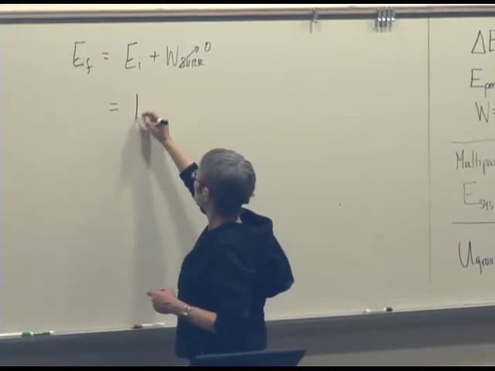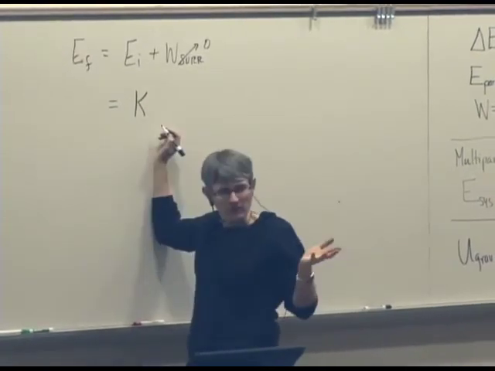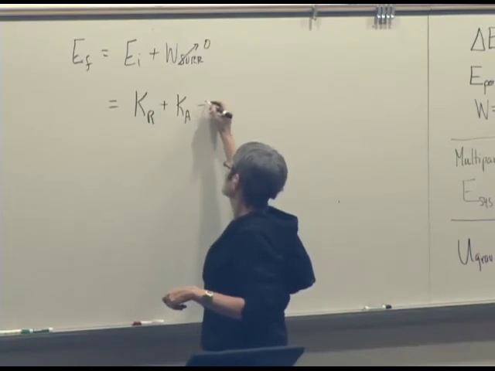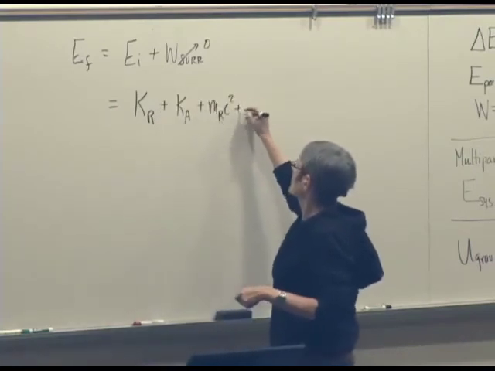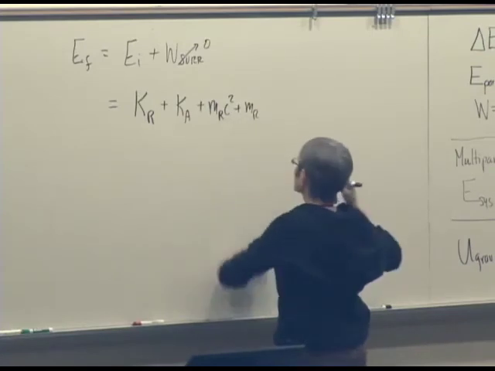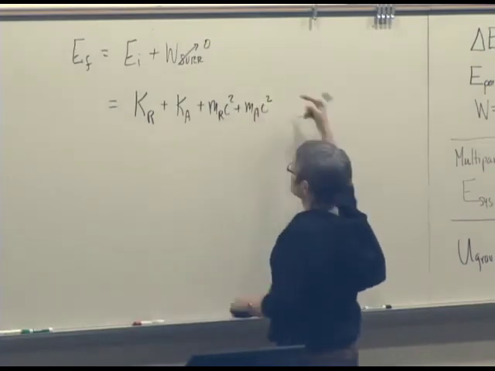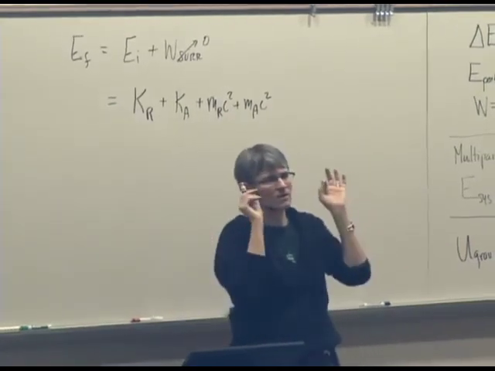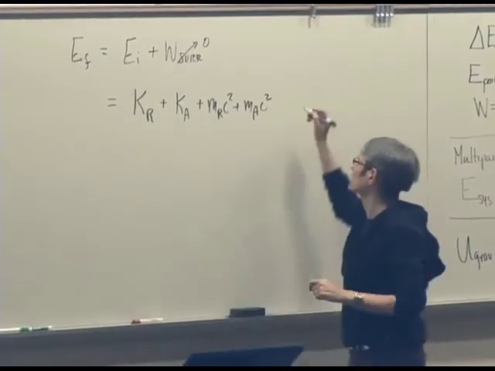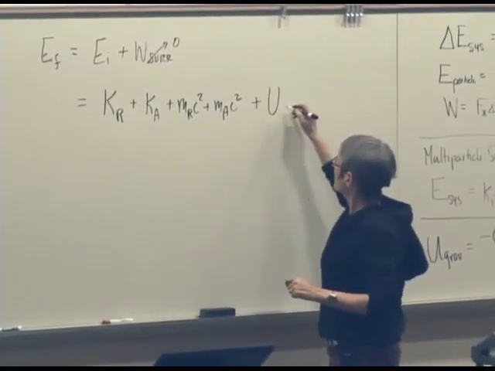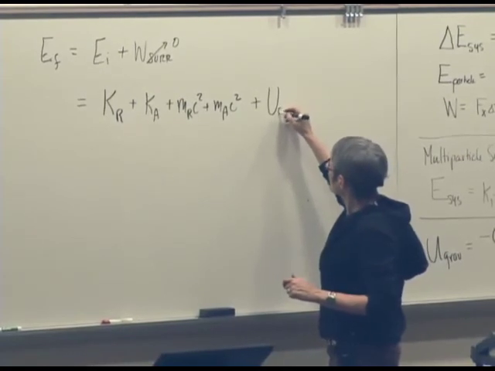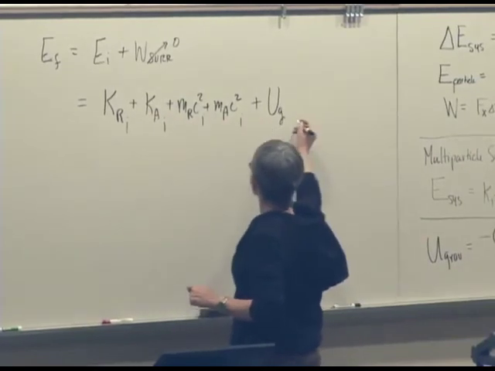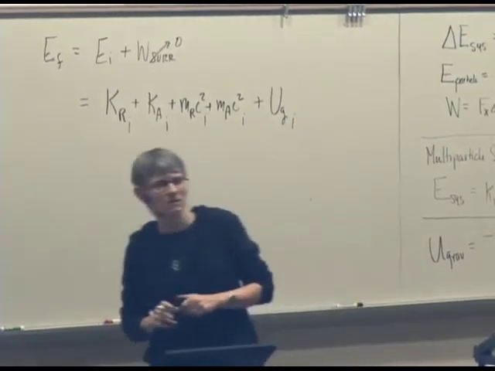Okay, so we have the kinetic energy of the rock, and kinetic energy of the asteroid, and the rest energy of the rock, and the rest energy of the asteroid. And that's potential energy, because there's an interaction between the rock and the asteroid. So we have a gravitational potential energy, and we better put initial subscripts on all this stuff. Anything else?